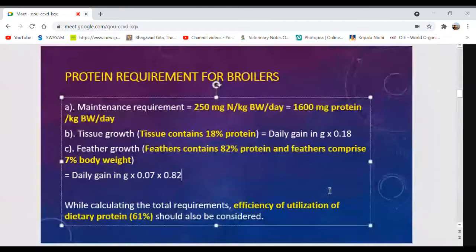And on an average, in case of broiler, efficiency of utilization of dietary protein is 61%. In other words, the digestibility coefficient of dietary protein in broiler is on an average 61%.